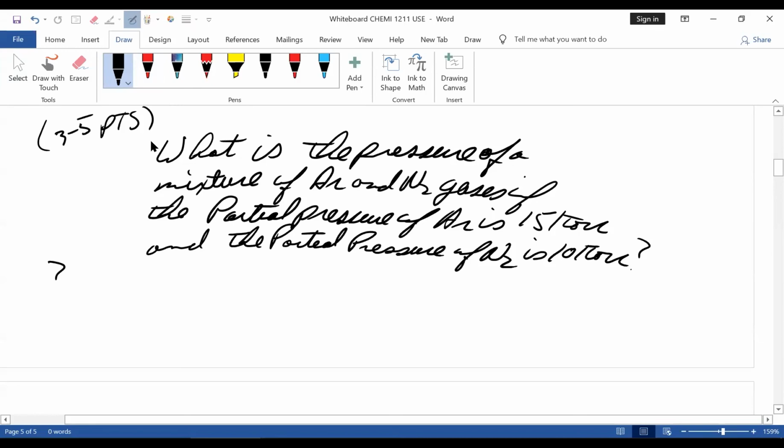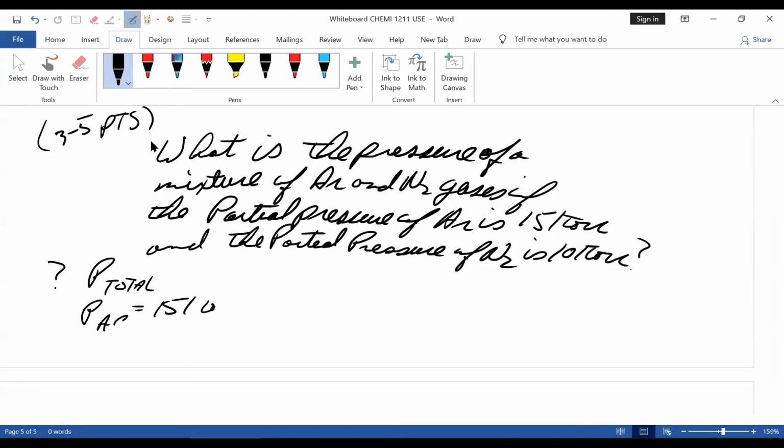So what are we trying to find? The total pressure. What are we given? The partial pressure of argon, which is 151 torr. What are we also given? The partial pressure of nitrogen, which is 101 torr.